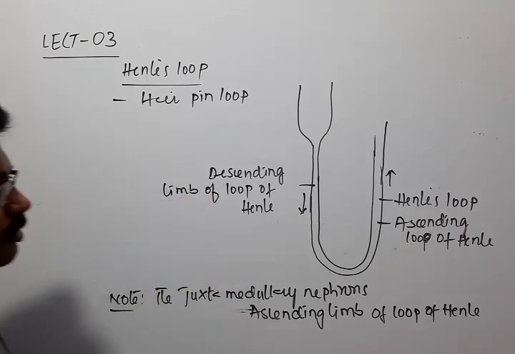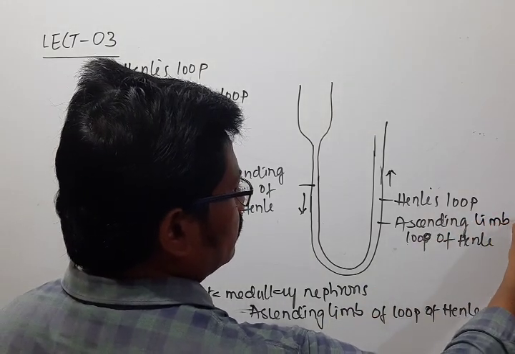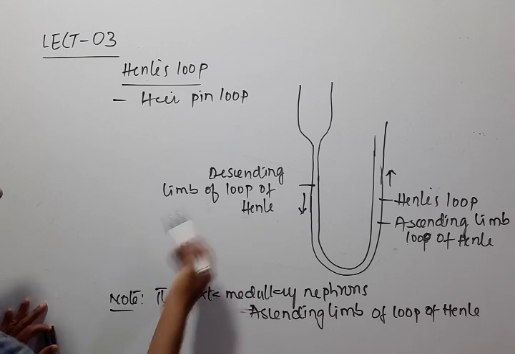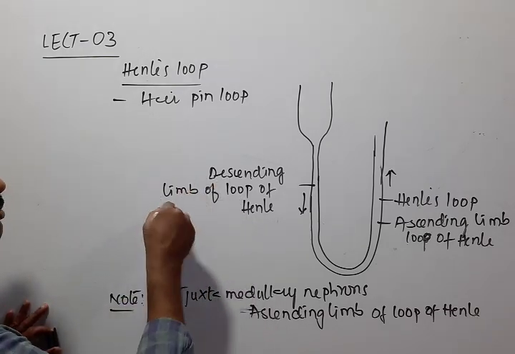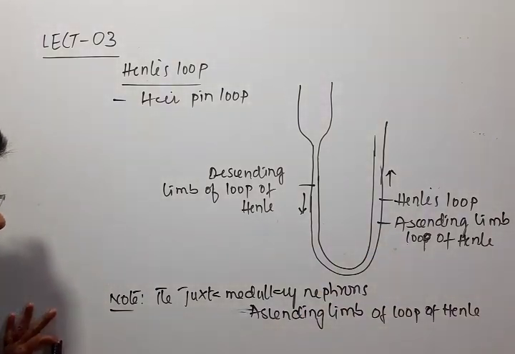So this is the descending limb of loop of Henle, and this is the ascending limb of loop of Henle.